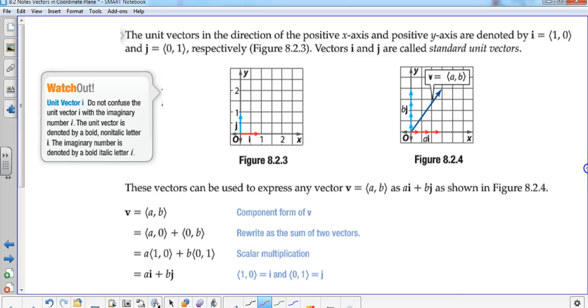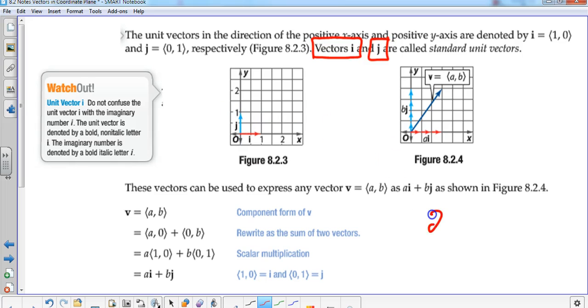All right, there's another way to write this that they will use sometimes in some of your calculus courses if you get there. Anytime you move 1 unit in the positive x direction, they call it a vector i. It's a 1 unit long vector in the x direction. And j is a 1 unit long vector in the y direction.